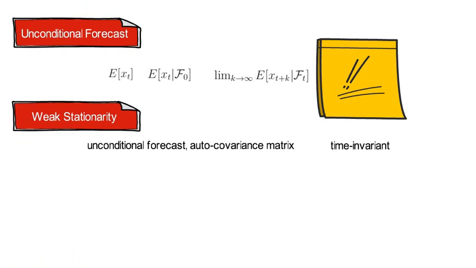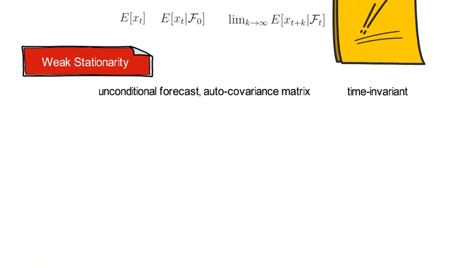Okay. Now, I want you to see an additional way to get the unconditional forecast of an ARMA model. As ARMA(p,q) processes must be stationary, we can rely on a very convenient stationarity condition, which says that the expectation of x_t equals the expectation of x_{t-k} for any k.